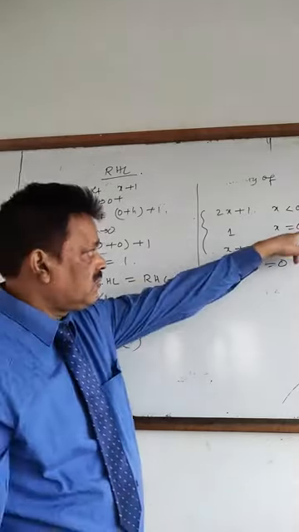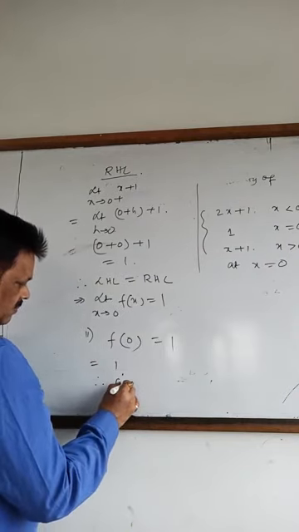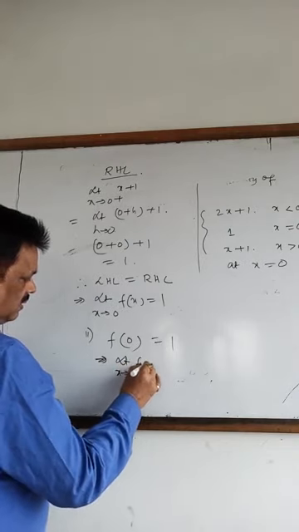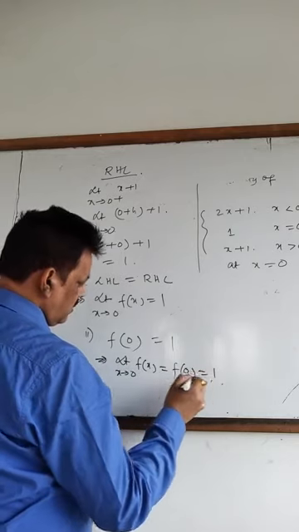When x equals 0, the value is given to you as 1. No need to calculate anything here because it is already given. So that is 1. Therefore, limiting value equals functional value. This implies limit x tends to 0 of f(x) equals f(0), which is 1.